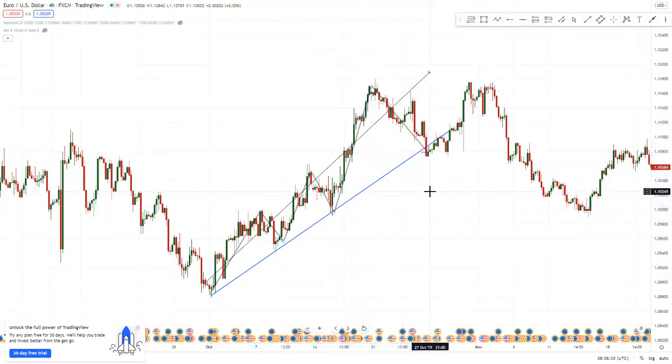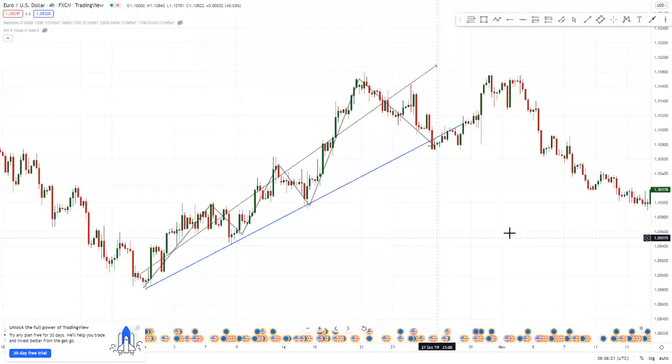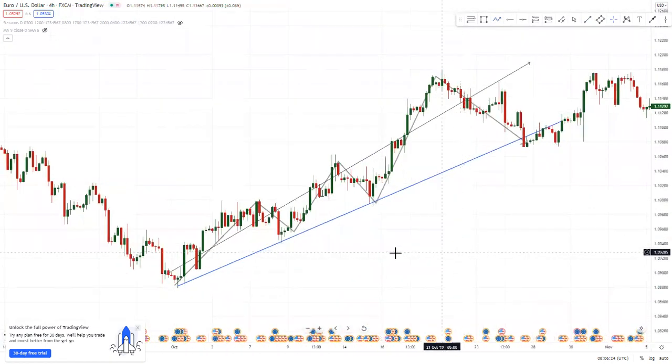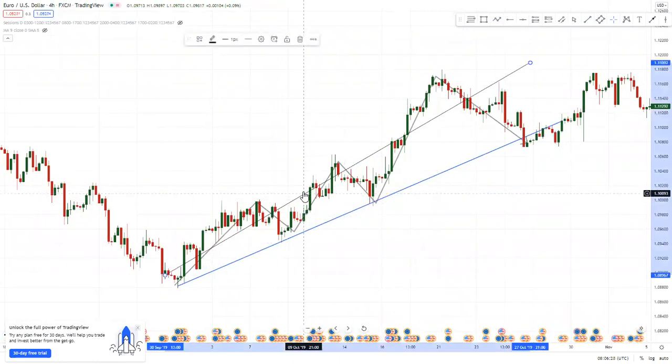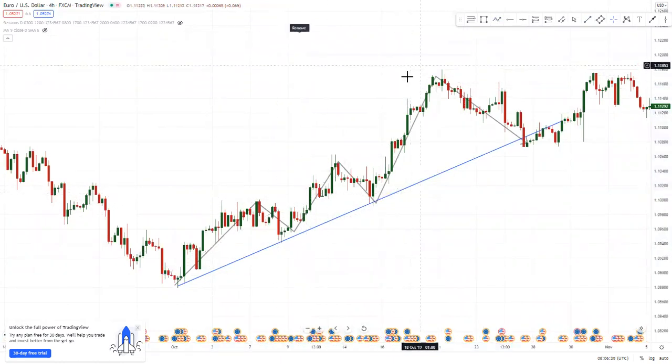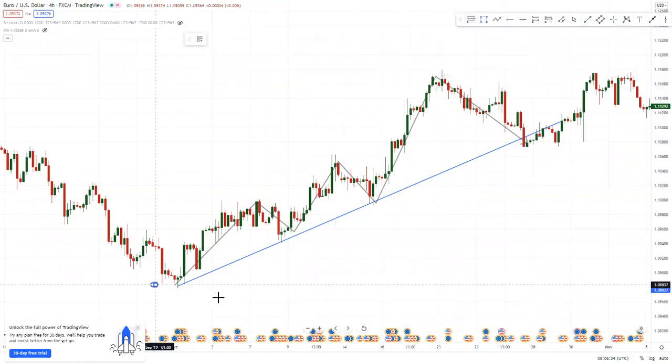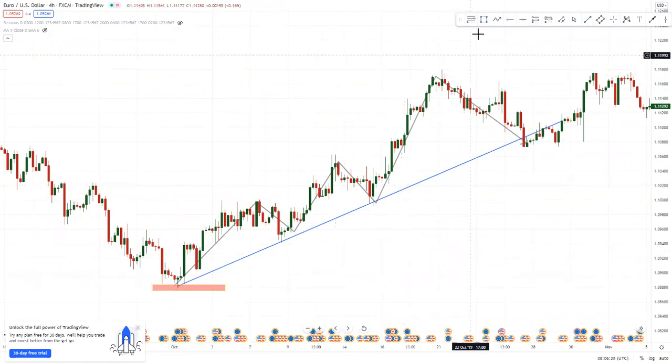So let's analyze this area alone. You can all see this thing. This is our lower high, our lower low. This is our lower high.